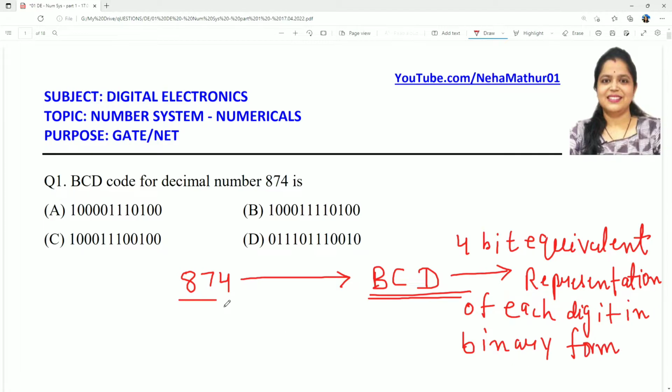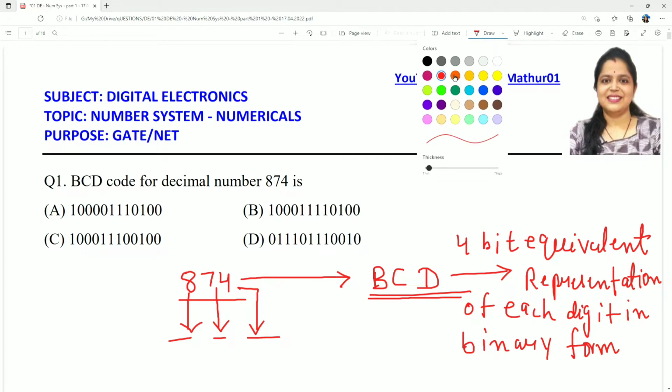Here you have a total of 3 digits, so you will have to find the 4-bit representation for 8, as well as for 7 and then for 4. After finding the individual 4-bit representation of each digit, you can just combine them and that will be your answer.